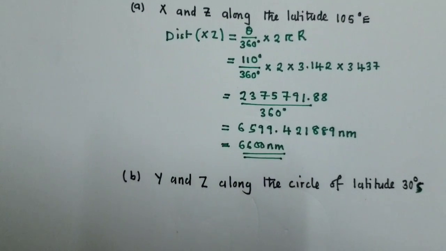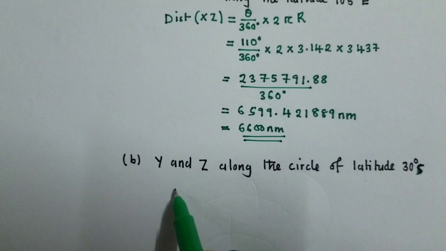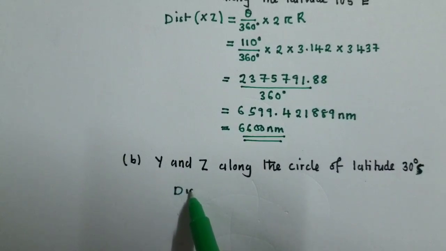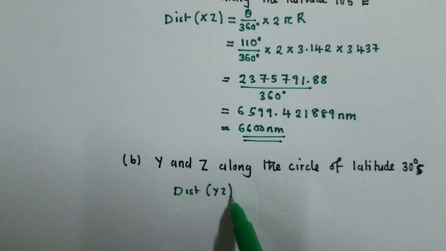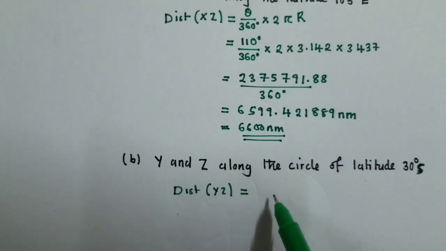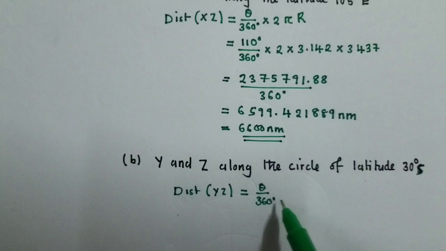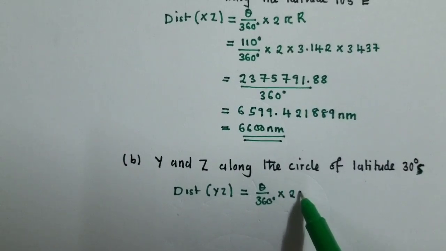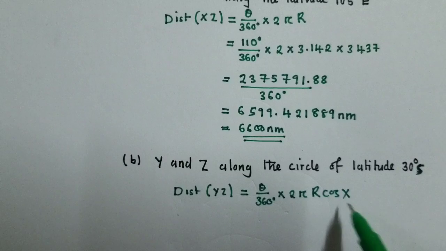After finding the value of theta, we now come to our question. Since it's happening along the latitude, the formula will be: distance between y and z is equal to theta over 360 degrees times 2 pi capital R cos x.